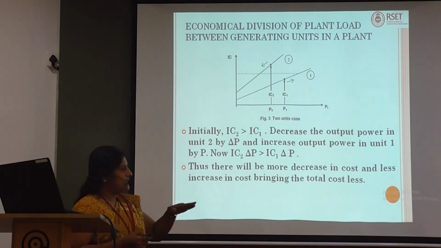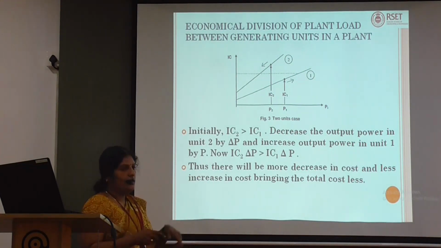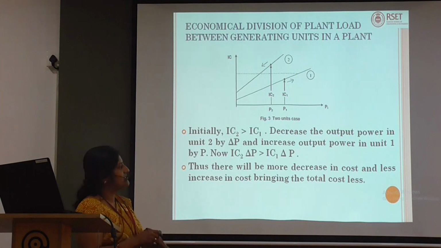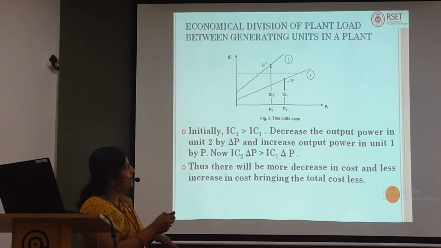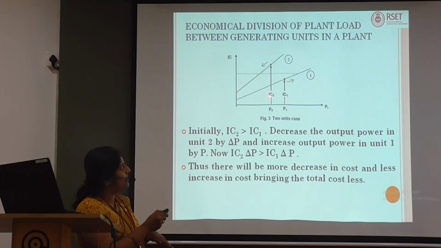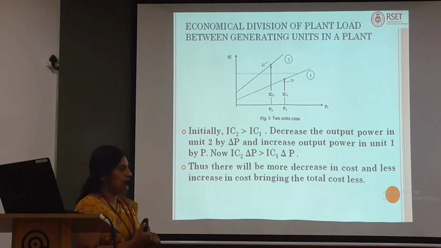In this case, when we see cost-wise, there will be a decrease in cost here, and correspondingly an increase in cost there, but there will be more decrease in cost when compared to the smaller increase in cost. So the total cost will come down. This strategy is what is adopted.